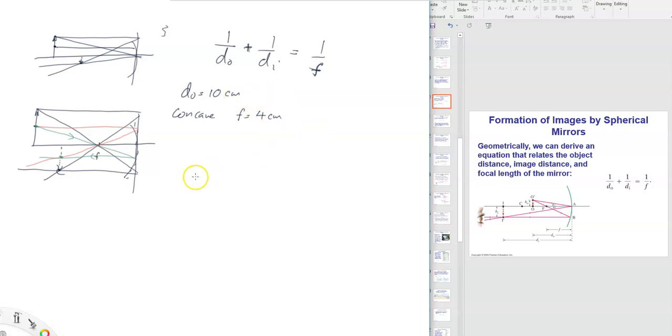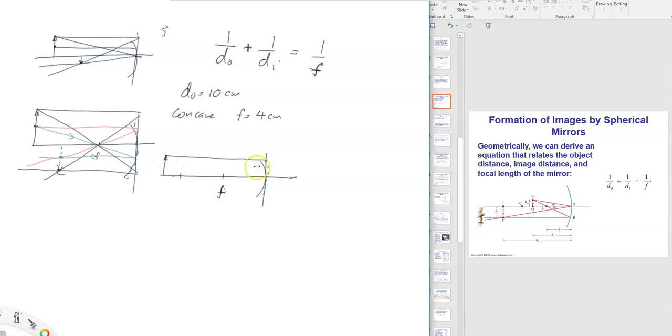First of all, let's try the diagram. This is why the diagrams are important. You can always verify whether you're doing this right. F is 4 centimeters, so 8 centimeters, or 10 centimeters, the object is somewhere over here. Let's see what happens.